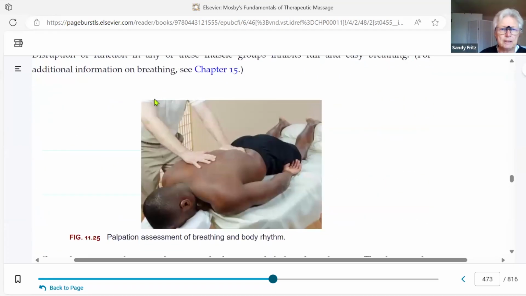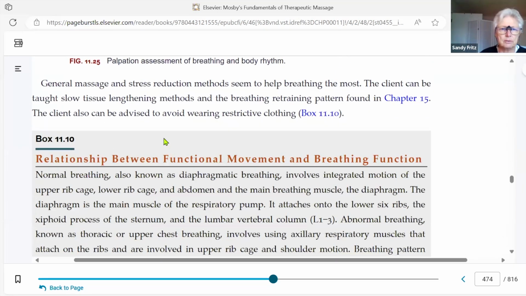So here it goes into the breathing a little bit more, which is an area that I encourage all massage therapists to pay particular attention to, because it is the area that we can have the most external influence on, with making sure that the breathing structures are working as well as they can, as well as supporting a coordination between the sympathetic and parasympathetic aspects of the autonomic nervous system and vagus nerve.